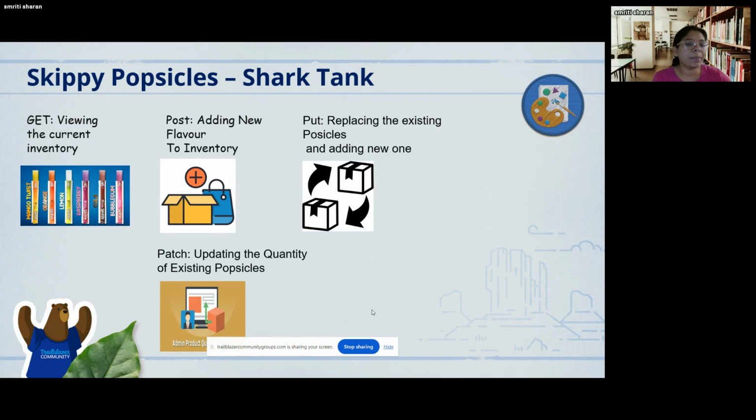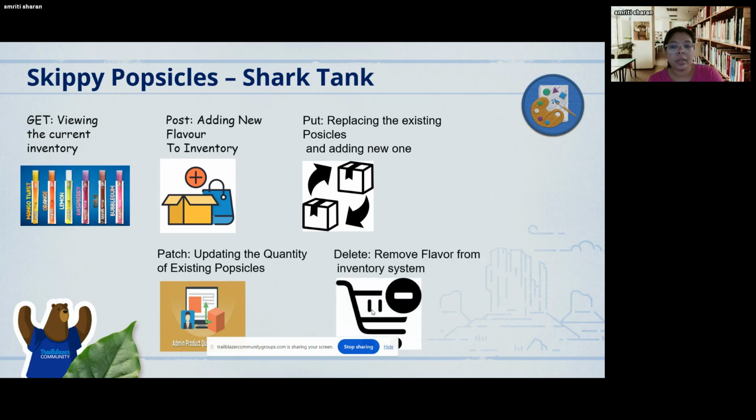Like if we want to update the quantity of the blueberry, we can do it using PATCH. So that's how PATCH works. And DELETE is removing a flavor from the inventory system. If we want to just delete the mango flavor, we can use DELETE. You will keep using these methods, and especially a tip for interviews: PUT and PATCH are asked a lot, so have a look at them.